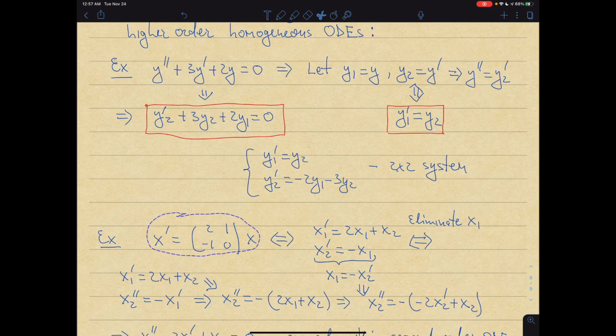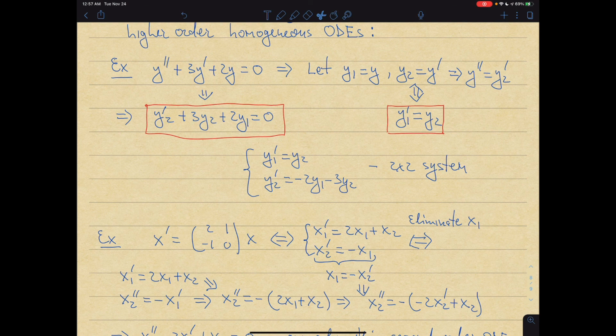So this matrix vector form of the equation I can just rewrite as a system of equations. By working with components of my equation, I get a system of two ODEs. And out of this system, I'm going to try to eliminate x1.